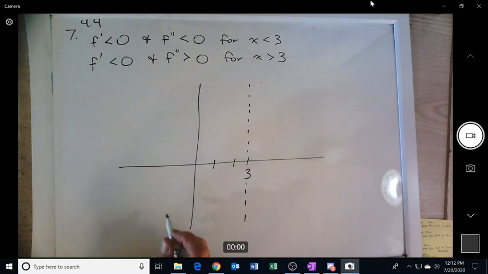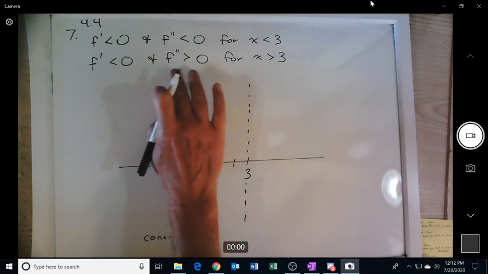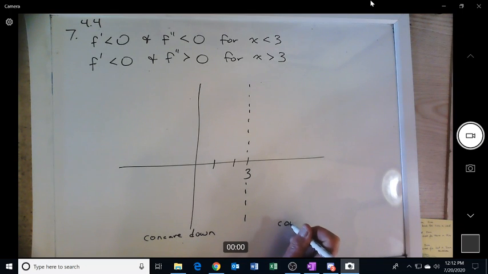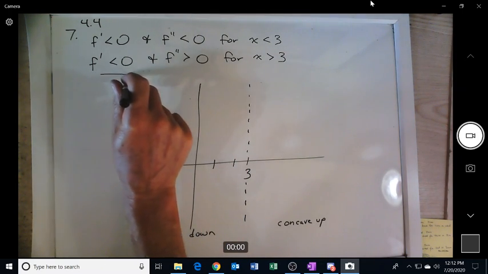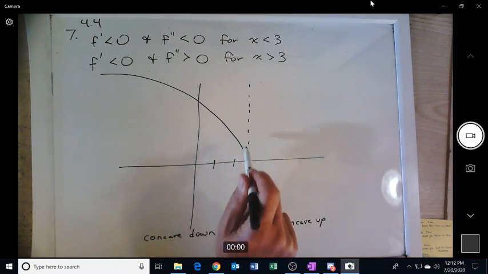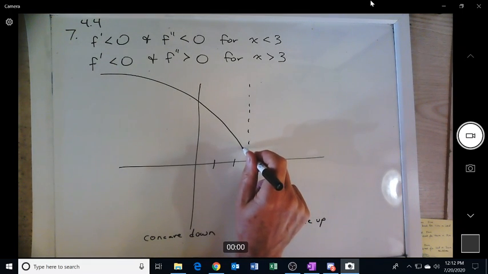So it's decreasing the whole time, but it's concave down on this left half. And it's concave up this right half. So I've got to be decreasing in such a way that my bowl does not hold water.